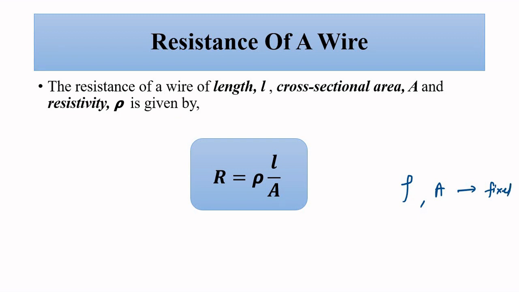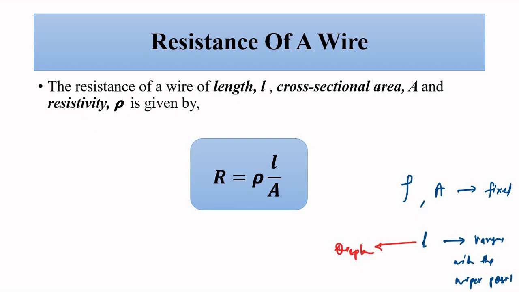The only thing which is varying is the length, which varies with the wiper position. So this is the only element which is changing, and this is used for displacement measurement.